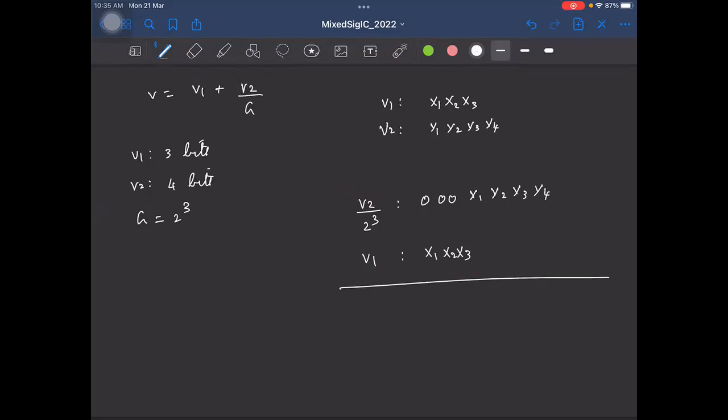No, there is no X4, right? I mean, this is Y1, Y2, Y3, Y4. I'm adding it like this, right? Okay, I understand. The question is, I could have written it like this, right? By aligning the LSBs like this, but the way I have written it, I've aligned the MSBs. So why do you think I have done it like this? Why have I aligned the MSBs instead of aligning the LSBs?